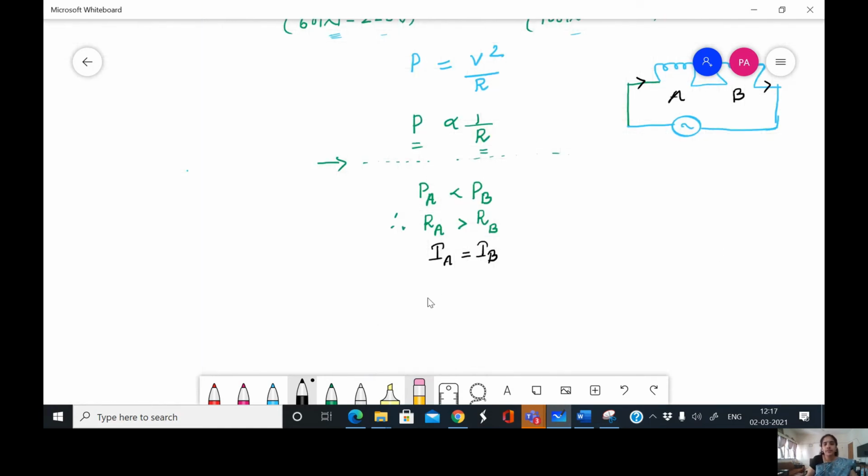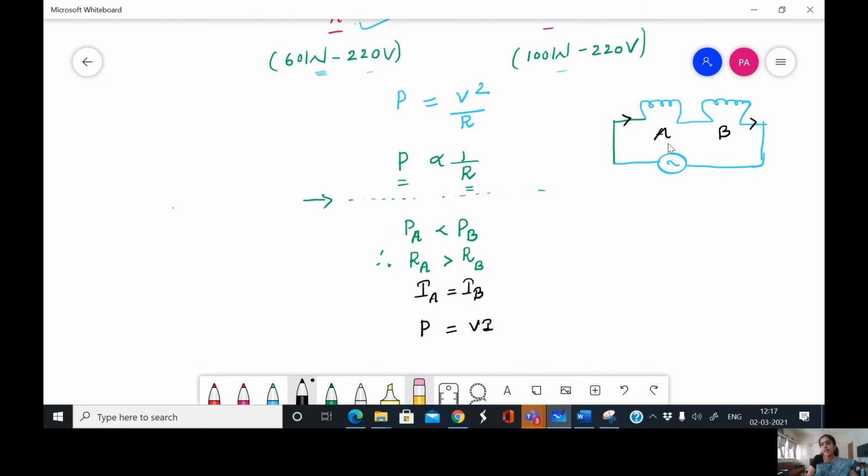Now you will write the power equation: P is equal to V into I. Then you can write V, voltage across A and B. Their voltages are not equal. Why not equal? Because they are in series. Now you know voltage is directly proportional to resistance.